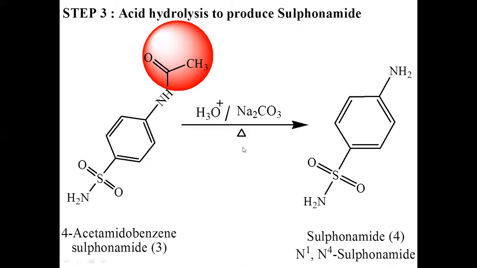Now this is the reaction of acid hydrolysis to produce sulfonamide. This red highlighted part indicates the removal of this acetyl group with the acid hydrolysis to obtain sulfonamide.